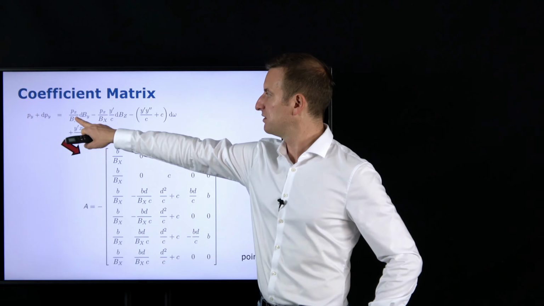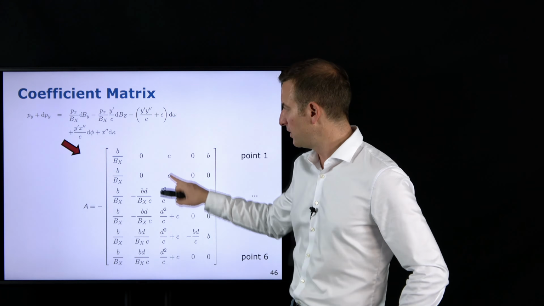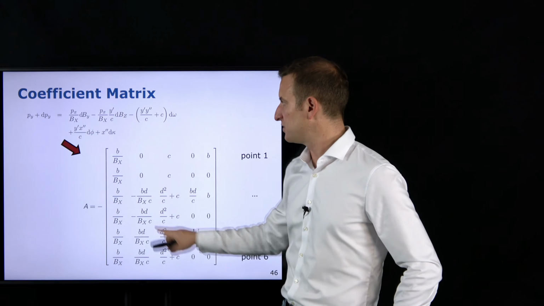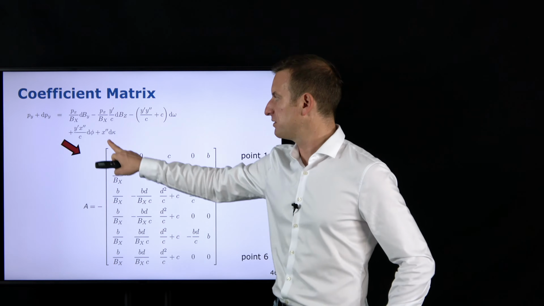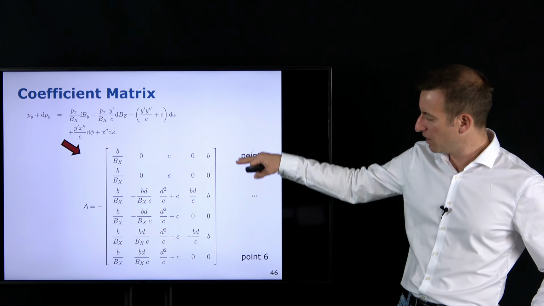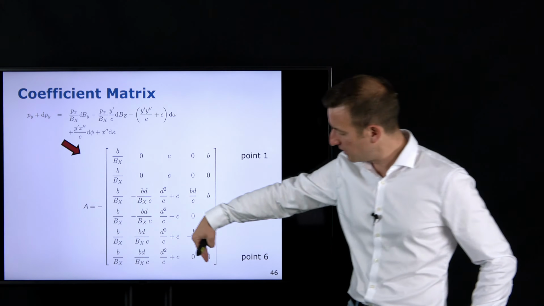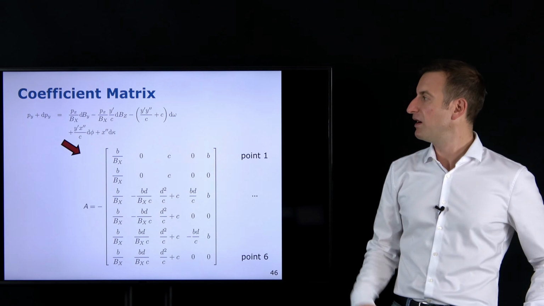This is the coefficient for the first parameter, the second parameter, the third parameter, the fourth parameter, and the fifth parameter. That's the way I build up my matrix: point number 1 till point number 6, and first coefficient up to fifth coefficient.